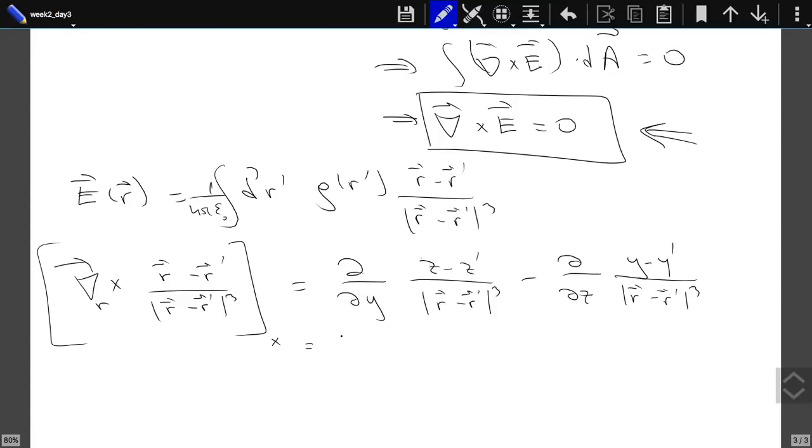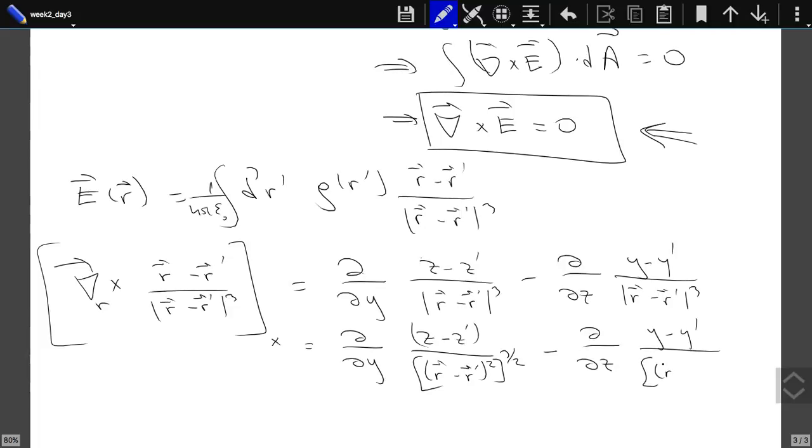Or let me write it in this form. Derivative with respect to y of z minus z prime divided by the quantity r minus r prime squared raised to the power 3/2, minus derivative with respect to z of y minus y prime divided by the quantity r minus r prime squared raised to the power 3/2.